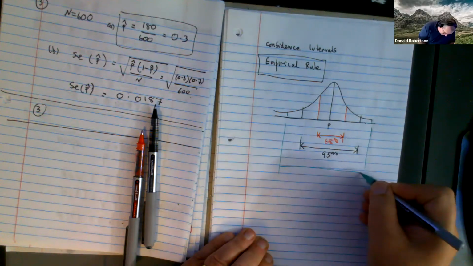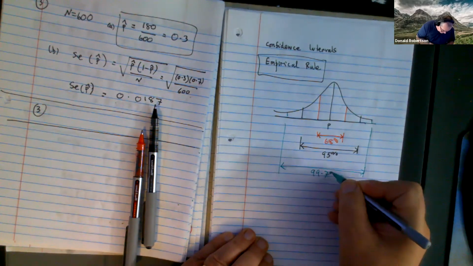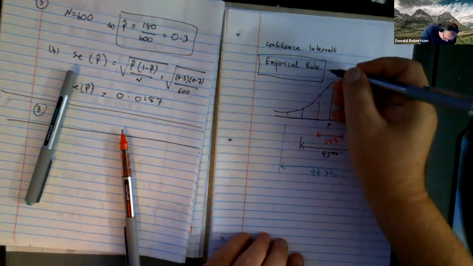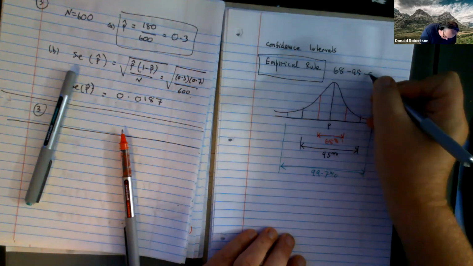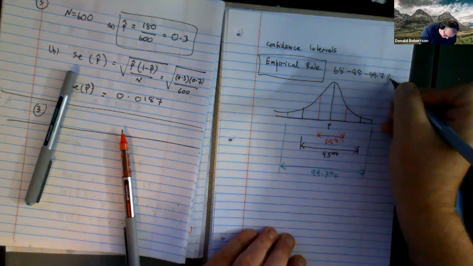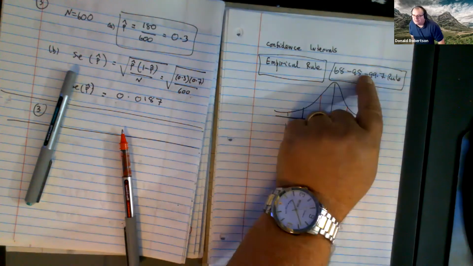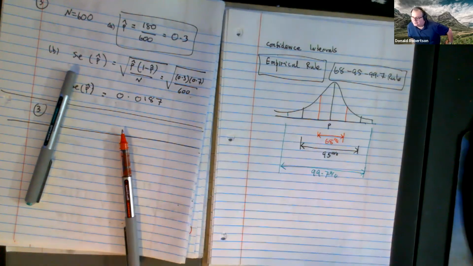Agreed. Which is why I prefer, instead of the name the empirical rule, I like the name the 68, 95, 99.7 rule. I know that's an ugly name, but isn't that a very useful name for what you do? It's just another name for the empirical rule.